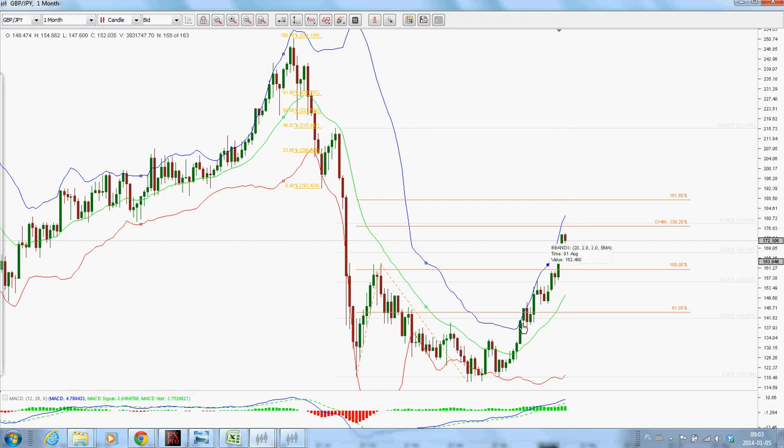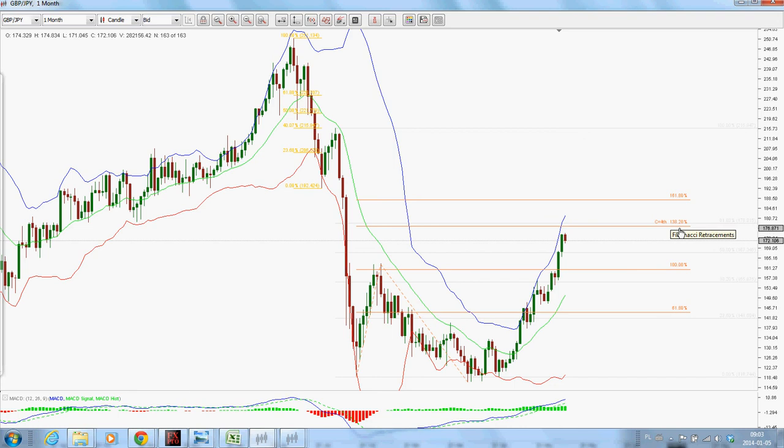The market is in an upward move, but on this monthly chart we are most probably finishing a fourth corrective wave. This was an A, a bigger B, and this is a bigger C. The C 138.2 is the target level for the C wave. This could be even 161.8 as well.